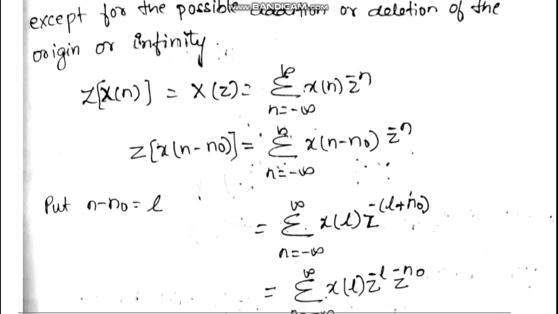So now we are just simplifying it. The term n minus n naught, we are taking as some variable. You can take it as L or M or any variable. So we write this term as L, and this is multiplied with z to the power of minus n.